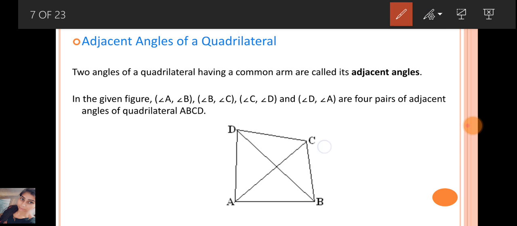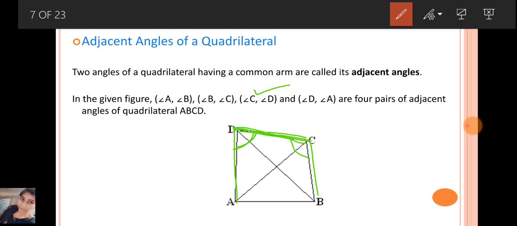The same thing you can do for angle B and angle C. Again just see, in angle B and angle C, you have a common line BC. That means angle B and angle C also have a common arm. In the same way, angle C and angle D also have a common arm CD.